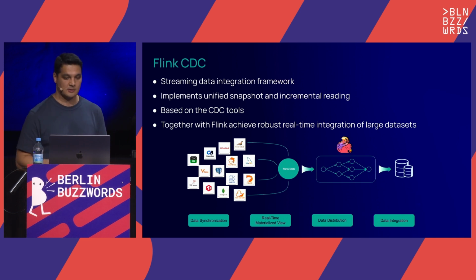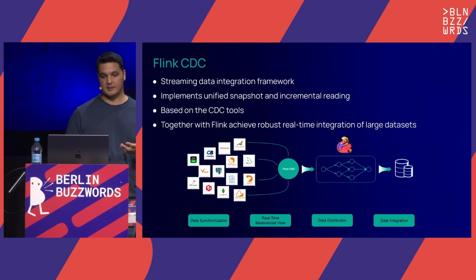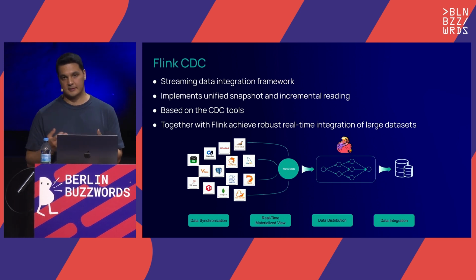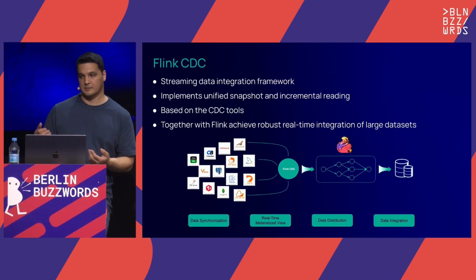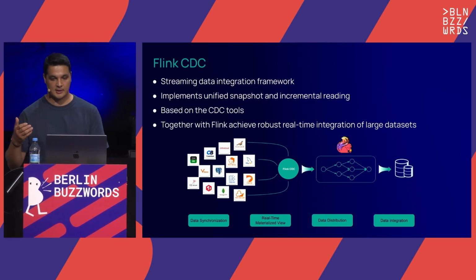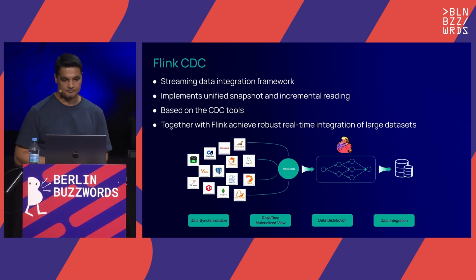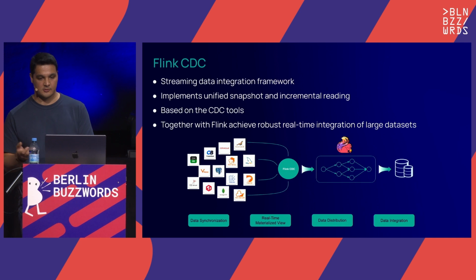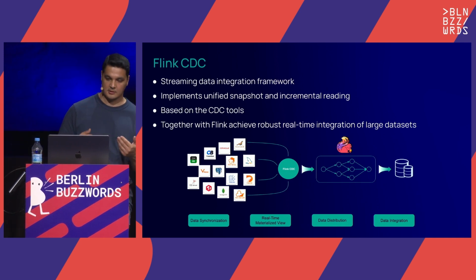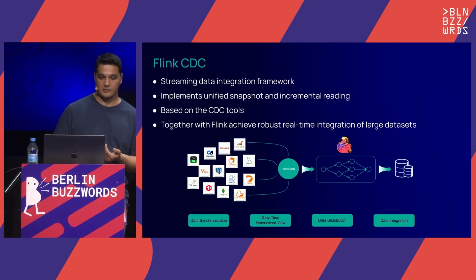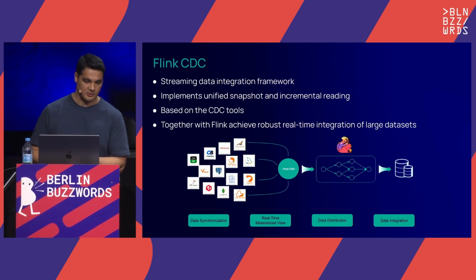Additionally, you can use FlinkCDC to distribute data from one source to multiple destinations. So you can send every change to the message queue, such as Apache Kafka, and then all the other systems can use this message queue to update their data in real time. So also, for example, you can send all your events in real time to, for example, ClickHouse or data lakes such as Iceberg or Paimon.